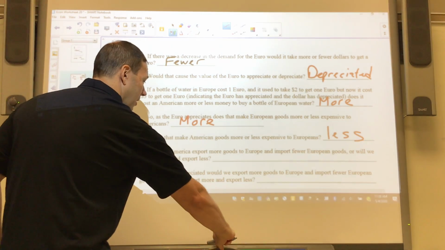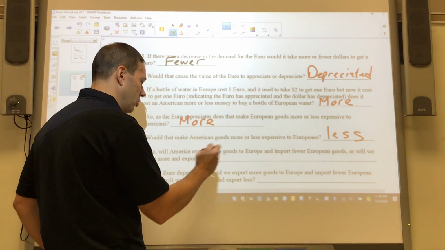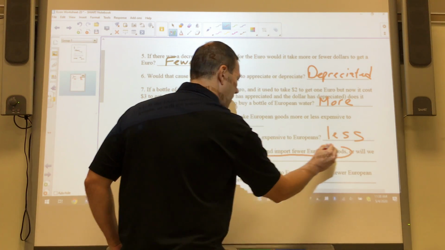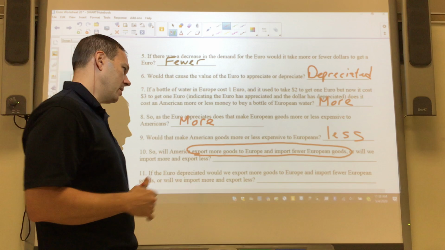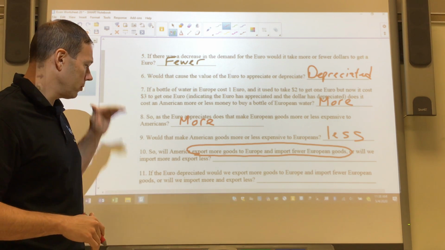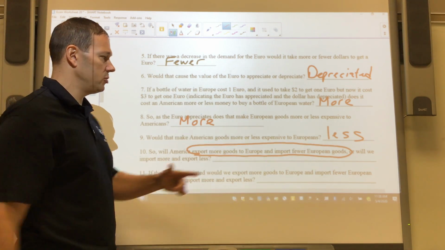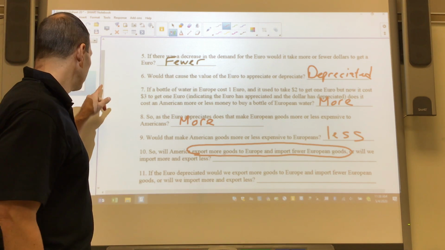My apologies. We're going to export more because remember, our stuff is cheaper, so Europe's going to buy our stuff. But we're not buying European goods. If we're not buying European goods, we're importing less. So when the euro appreciates, America will send more to Europe because our stuff's cheaper and buy fewer things from Europe because their stuff is more expensive.